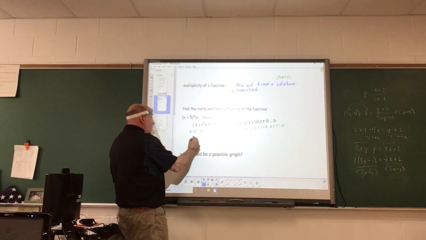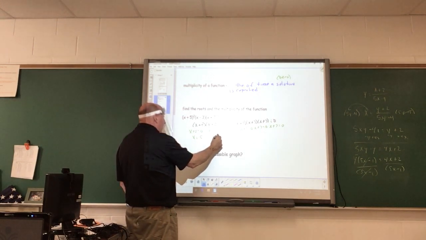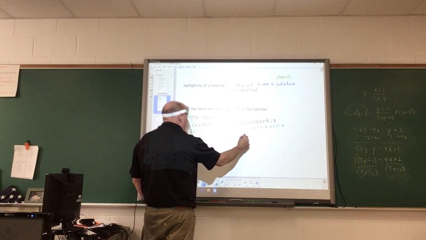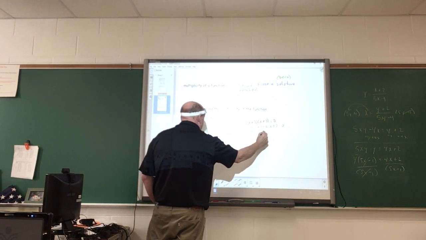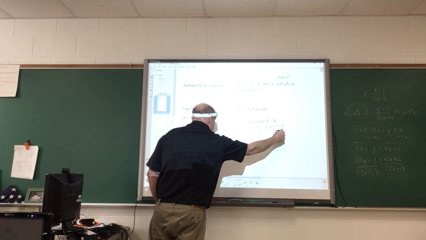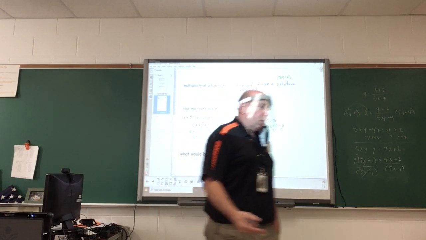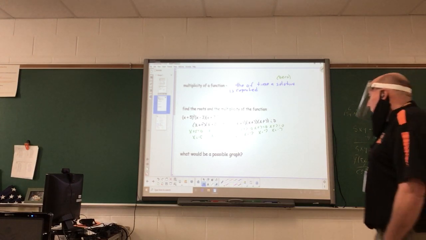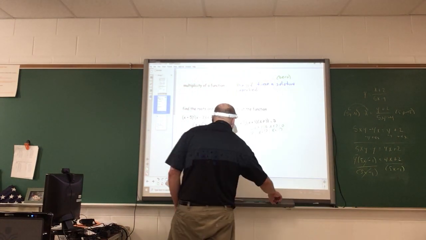So here we get x is equal to negative 5, x is equal to negative 5, x would equal 3, x would equal negative 7, three times. Well, we have a lot of repetition there, a lot of redundancy. This is where we utilize the idea of a multiplicity. We have x is equal to negative 5 twice. So the number of times it is repeated, that is its multiplicity.